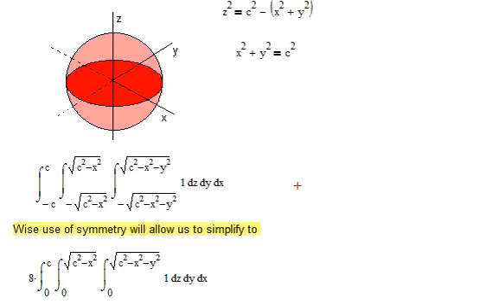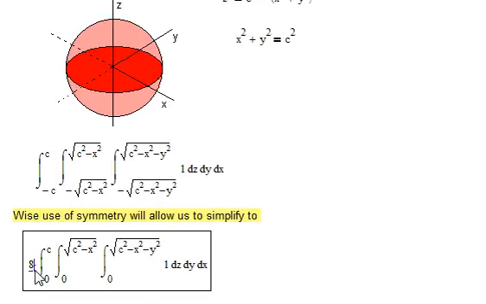And using symmetry, we can say it's 8 times z going from 0 to the square root of c squared minus x squared minus y squared, y going from 0 to the square root of c squared minus x squared, and x going from 0 to c. That covers the first octant, and the 8 gives us the entire sphere.